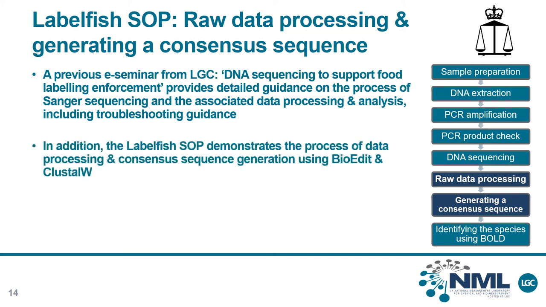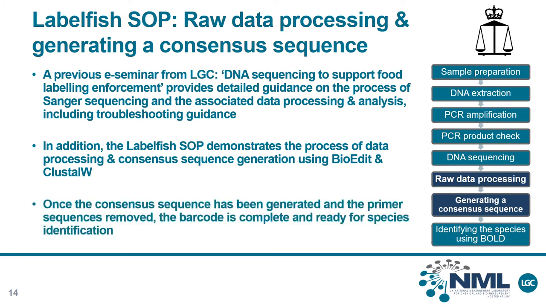In addition, the Labelfish SOP provides a detailed step-by-step guide to this process. Once the consensus sequence has been generated and the primer sequence is removed, the barcode is ready for species identification.